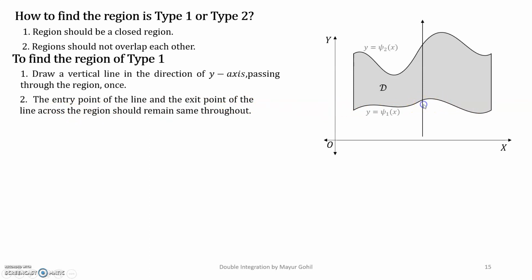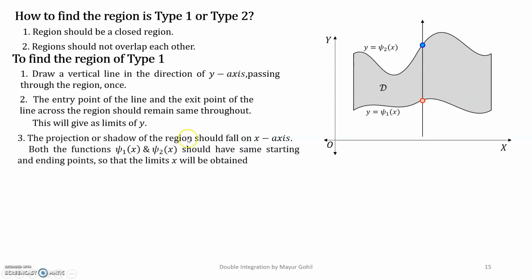So the entry point is y equals psi 1 and the exit point is psi 2. If you see over here, the red dot is the entry point and the blue dot is the exit point. This is going to give you the limits of y.